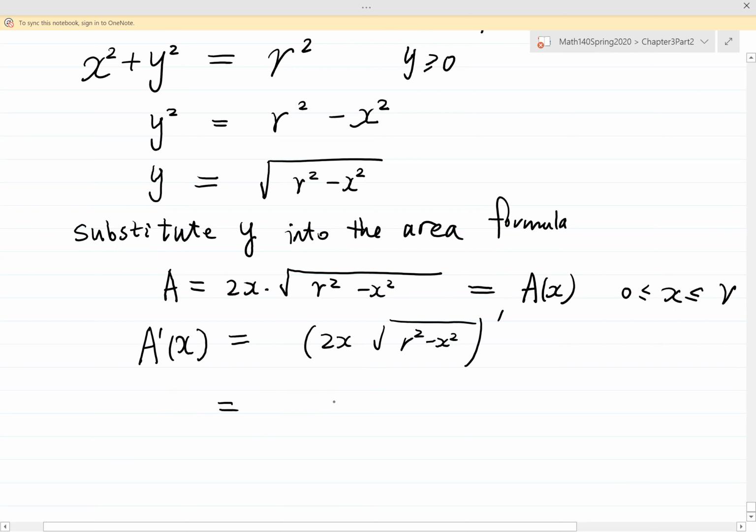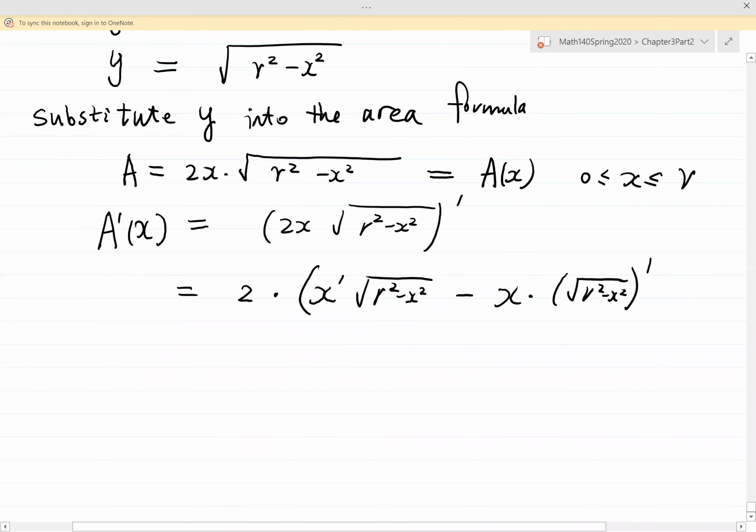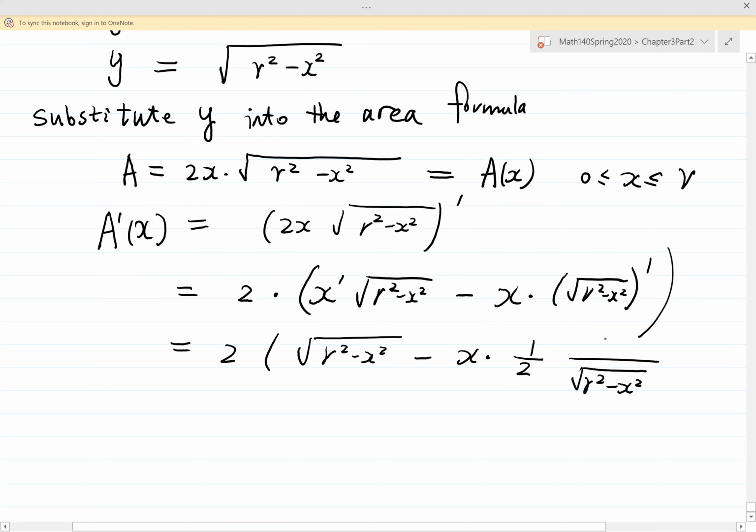So we get factor 2 times the derivative of x times the square root of r squared minus x squared, plus x times the derivative of the square root of r squared minus x squared. The derivative of x is just 1. Now for x multiplied by this thing, we use the chain rule.